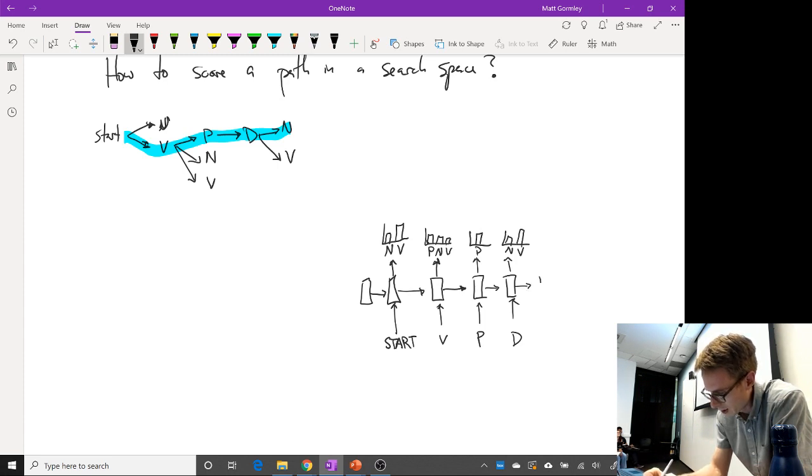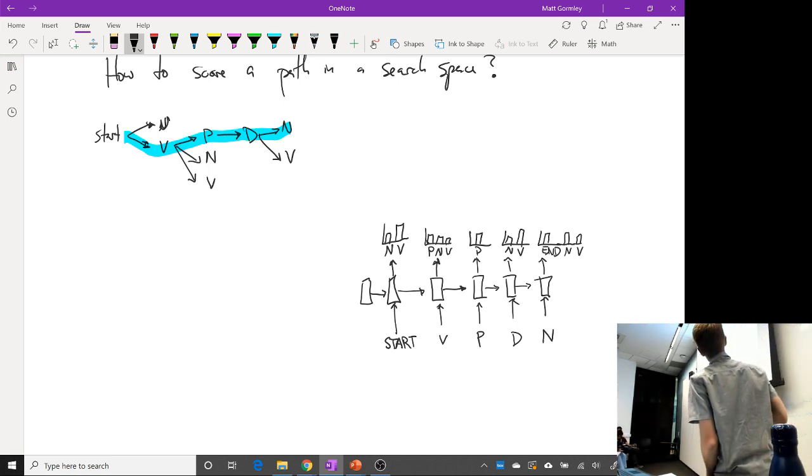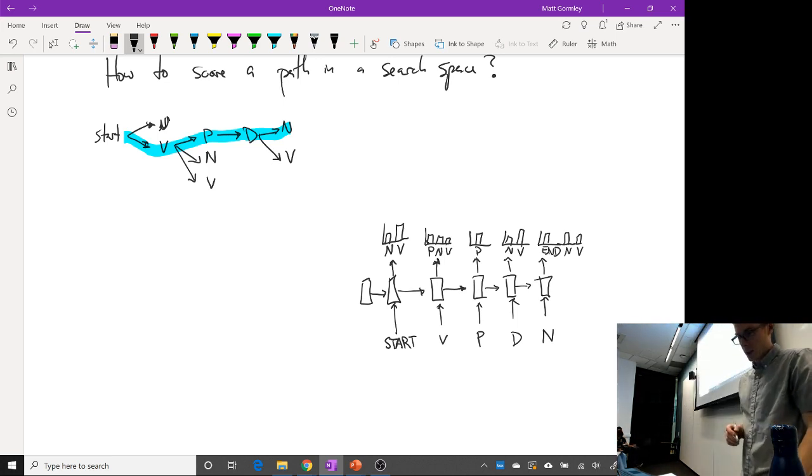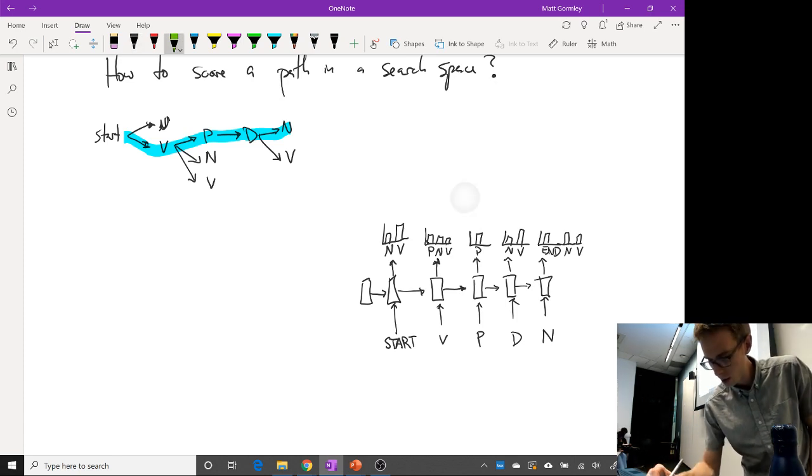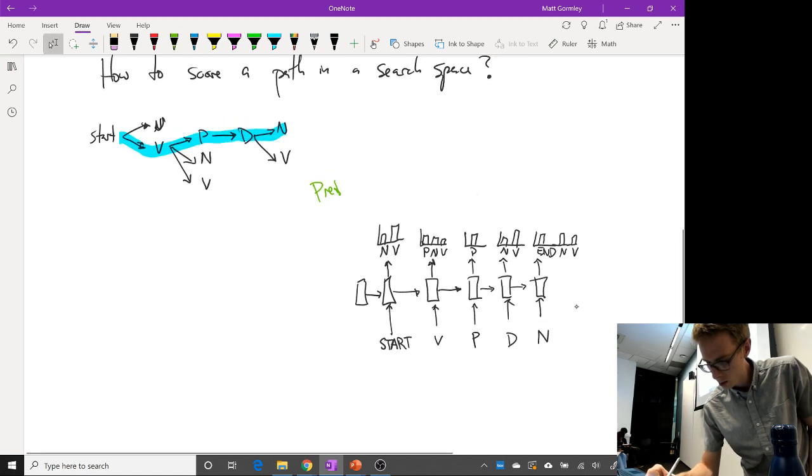And finally, we'll feed in our selection of noun to get a distribution, say, over something like an end token, and also noun and verb, which would allow us to continue along. So what we're looking at here is if we wanted to do prediction, right?